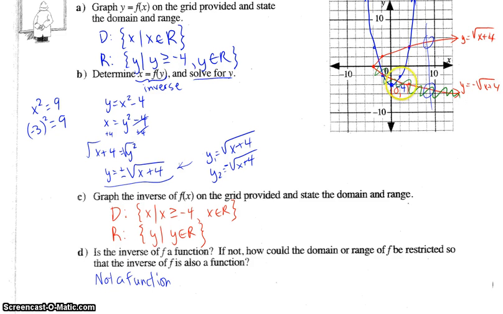Now that branch, if you think of reflecting it over the line y equals x, would correspond to this branch on the original. So in other words, to get rid of this branch on the inverse, you need to get rid of that branch on the original. Okay, so that means our domain would have to be restricted to just get this right side of the parabola.